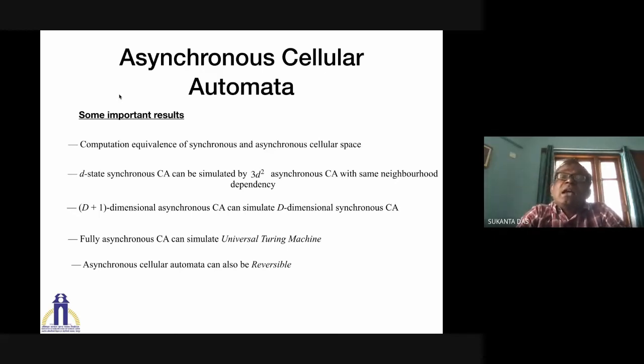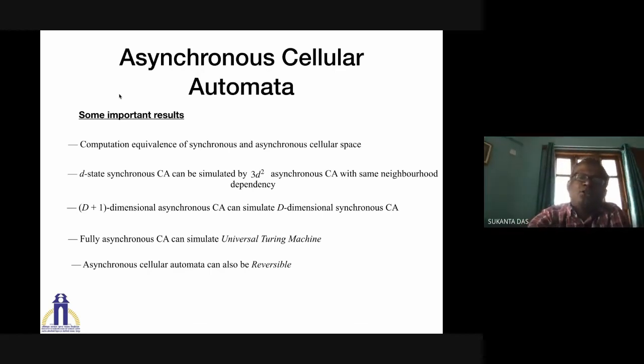So this is about asynchronous cellular automata, which we have got by relaxing the synchronicity property, that is, the uniform update property of a classical cellular automaton. Last remains the hybrid cellular automata, where we directly disobey the uniformity constraint of a cellular automaton.